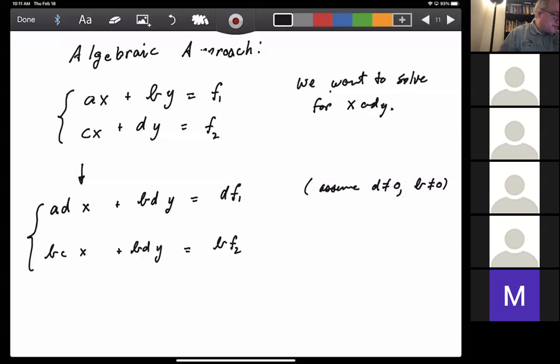Okay, so multiply by B in every term in the second equation. And we did that to arrange for the y terms here to have the same coefficients. So if we subtract, let's group the x terms together. Okay, and then we can isolate the x.